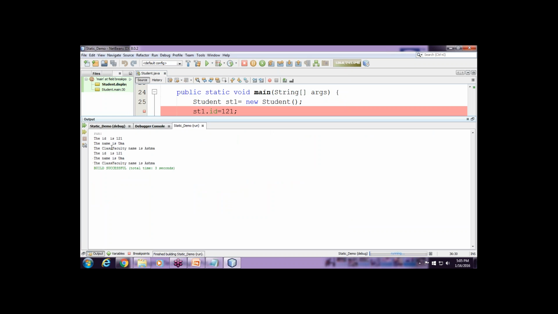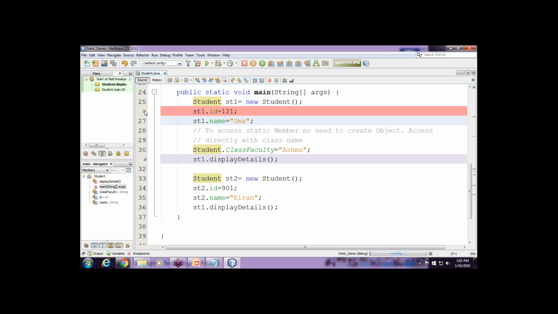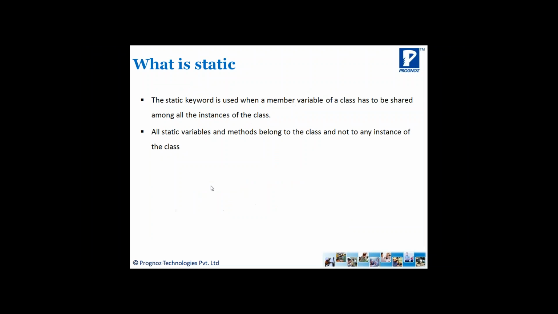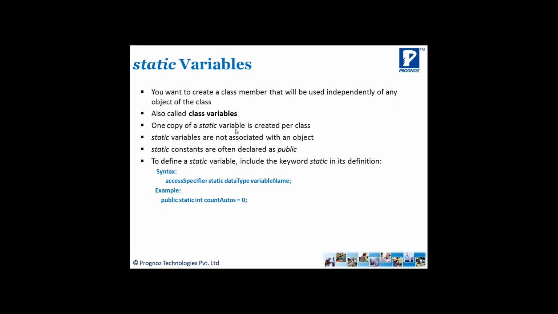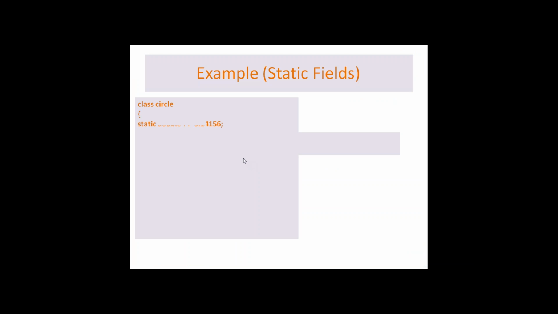See, once I declared it, the static variable is shared by all the instances. So this is what they mention in the line: if you want a member to be shared among all instances of a class, you can make it a static variable. Here in circle we have a double pi.